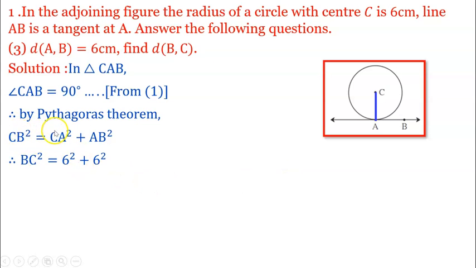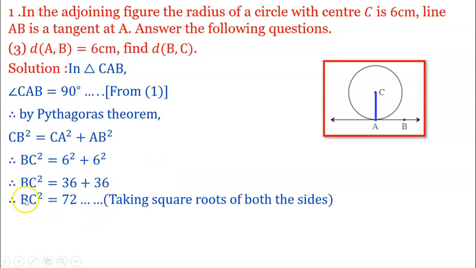Therefore, BC square is equal to 6 square plus 6 square, that is 36 plus 36. BC square is equal to 72. If you take the square root on both sides, then you will get BC is equal to 6 root 2 centimeters. Here the distance BC is equal to 6 root 2 centimeters.